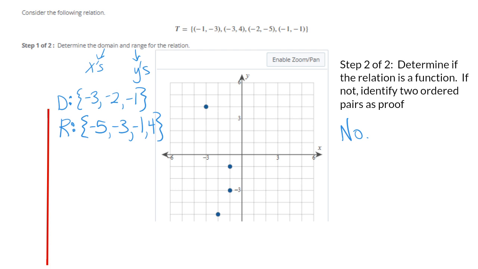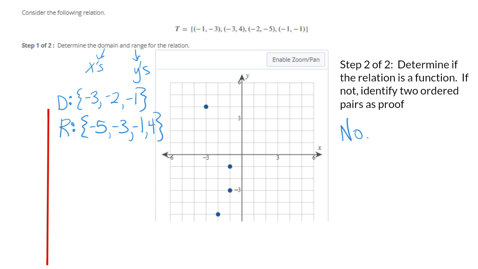Now, it was nice because the ordered pairs were just sitting there. If you were looking at a graph, you're looking for anything that would have the same two x values. So if you're looking at this graph, this ordered pair and this ordered pair are both left 1, so their x value is -1. Notice that they're lined up vertically.